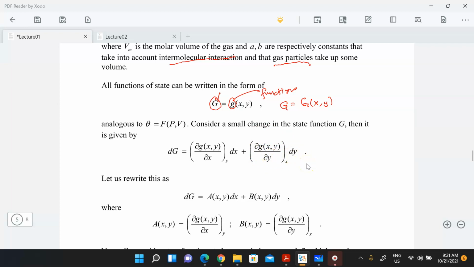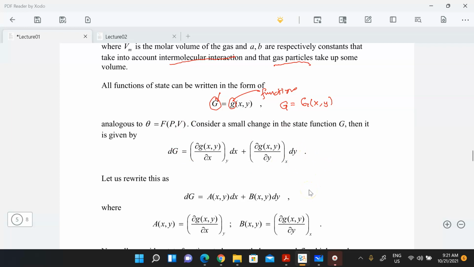Generally, this is what we expect if your state functions are at least continuous, or maybe not just continuous, first derivative continuous at least, then you expect this to happen.